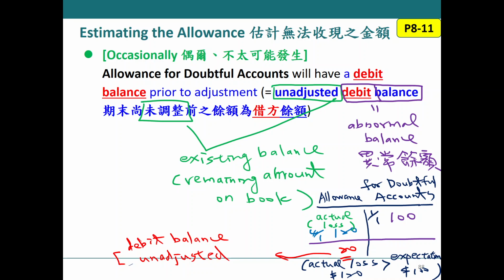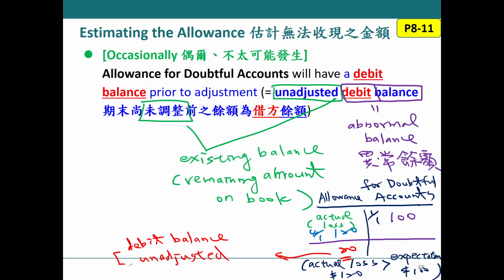Only in rare cases will this situation happen. I estimate the risk, I'm more conservative, so I will estimate more. But what if, when you estimate more, it is still not enough for your actual loss? Then you should be very careful. Unexpected, some big event happened.